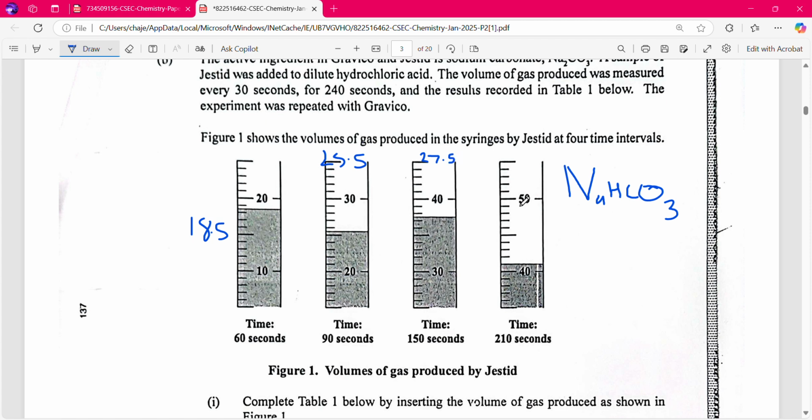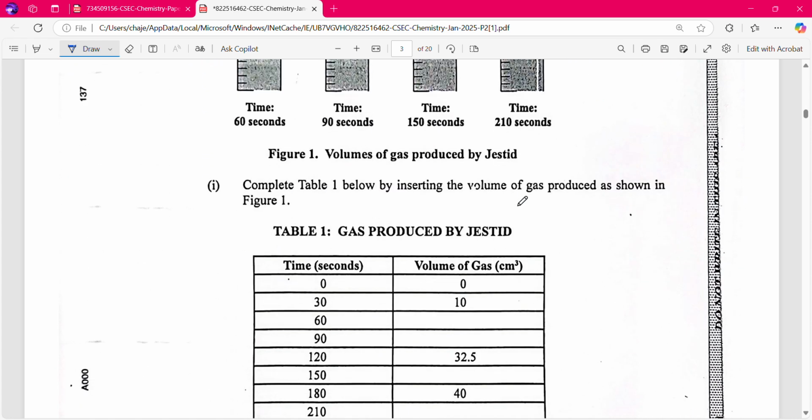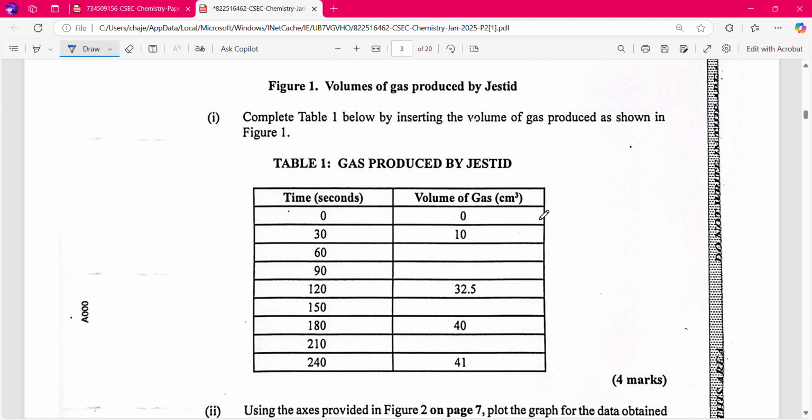And the next one. Okay, so that's what we have there. So it would have been recorded in the table. Let us just continue.